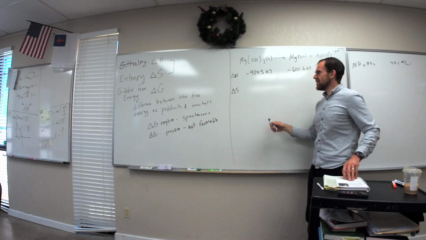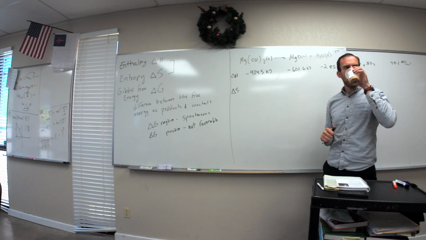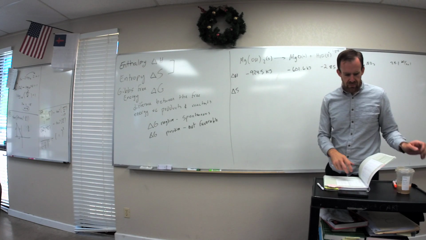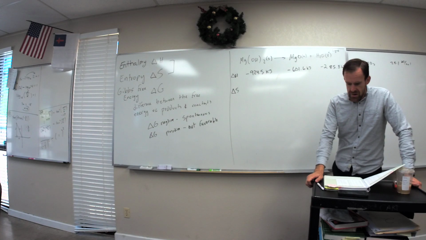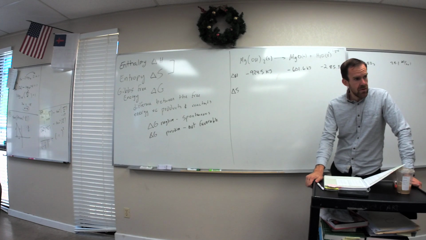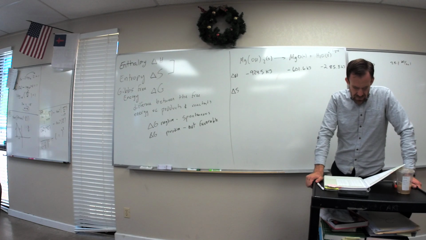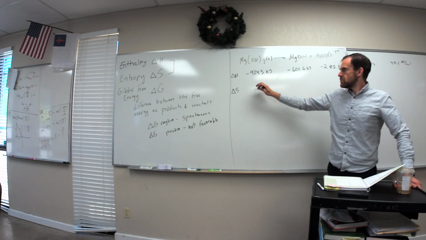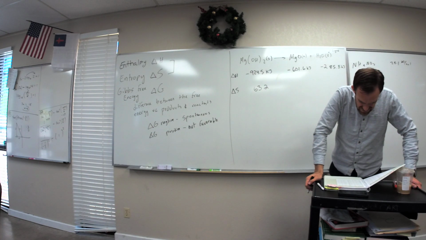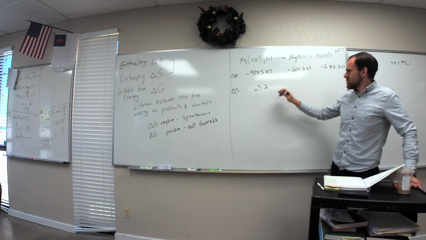Okay, now find the S value for each of them. So S for magnesium hydroxide is 63.2, and that's joules per mole Kelvin.